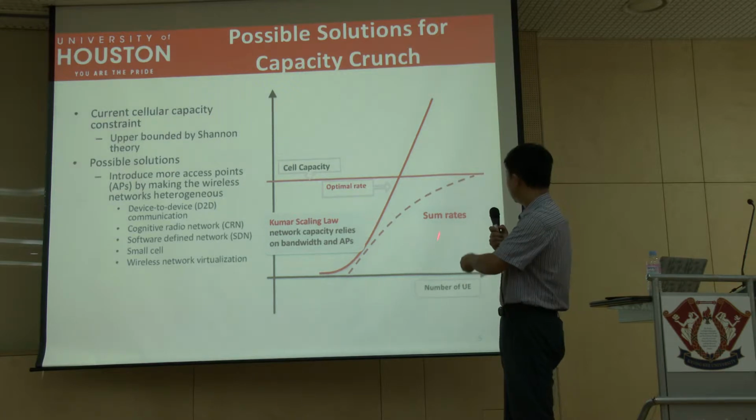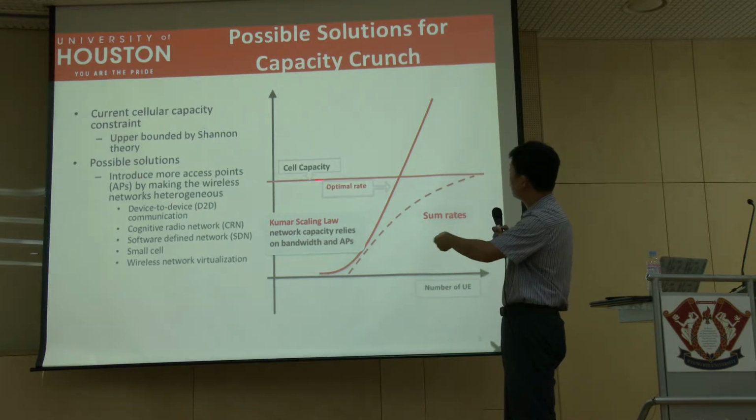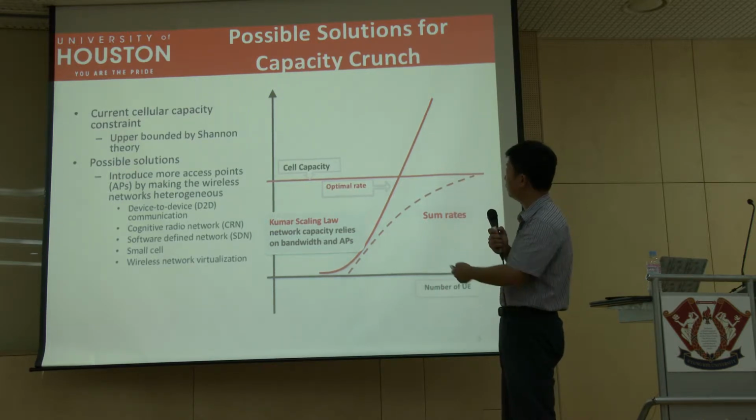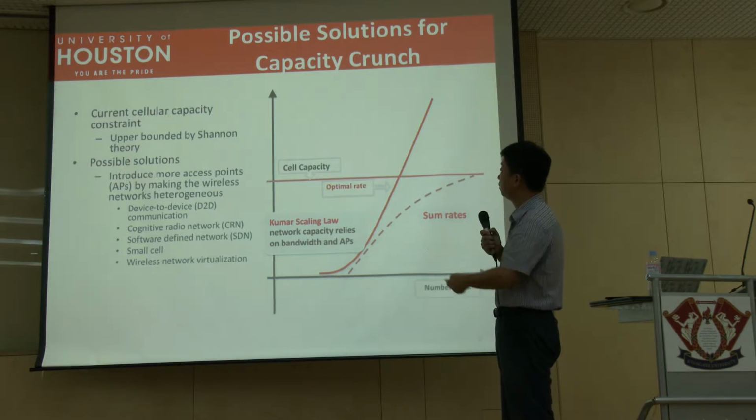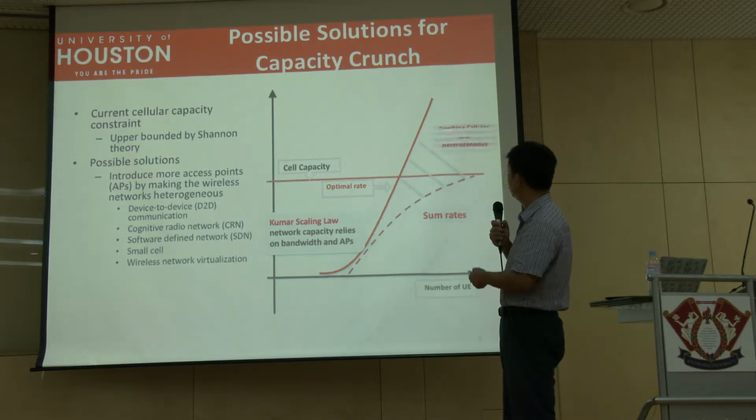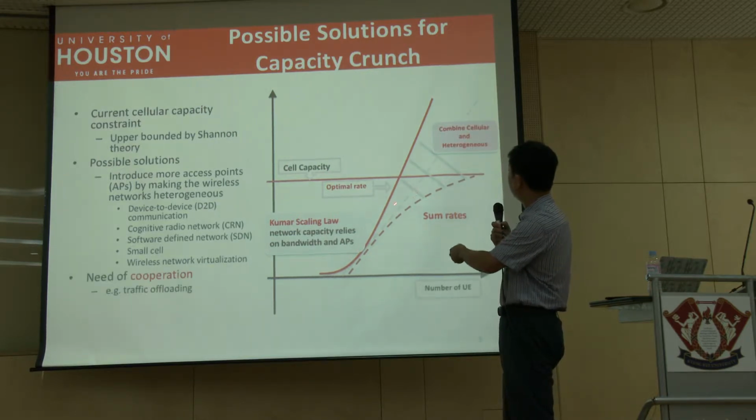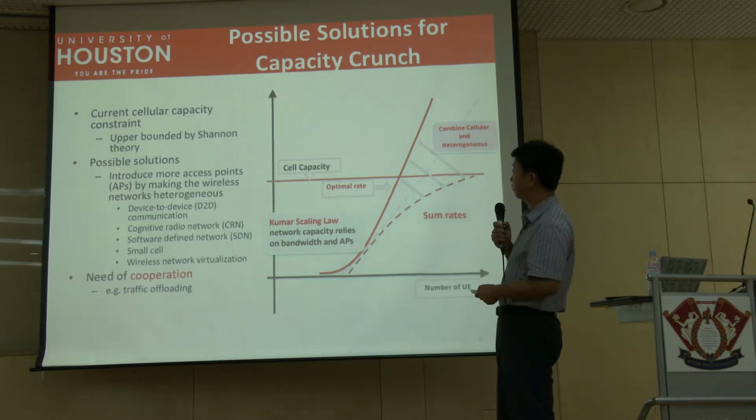That means with more users and without infrastructure, you can use D2D communication or some other cognitive radio technique, so that your performance can overcome this cell capacity limited by the infrastructure. Basically, you can combine the cell phone with a heterogeneous network, and then you can improve the performance.